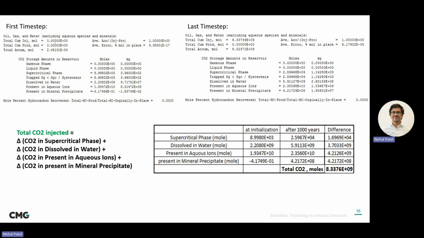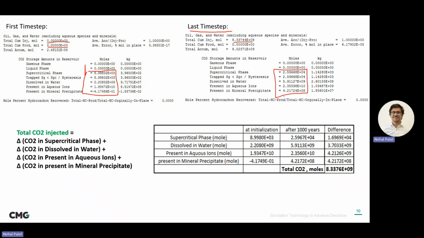Because of that, in the first time step we don't inject or produce anything, even though we see CO2 being stored in different forms during the initialization. So this shows the presence of CO2 at initialization. In the last time step, in the same CO2 inventory table, we can see we have injected this much CO2, and these are our updated values of CO2 stored under different forms.